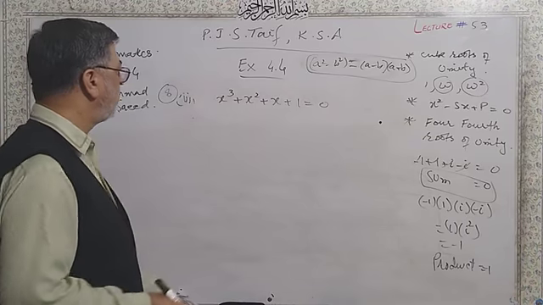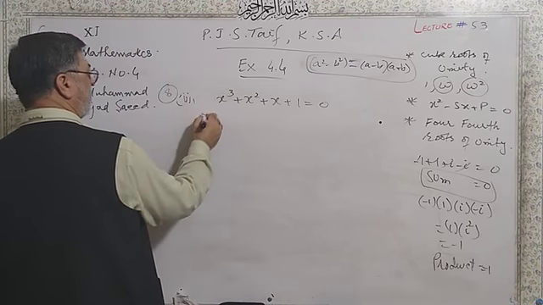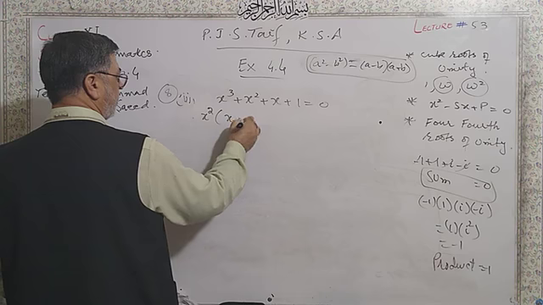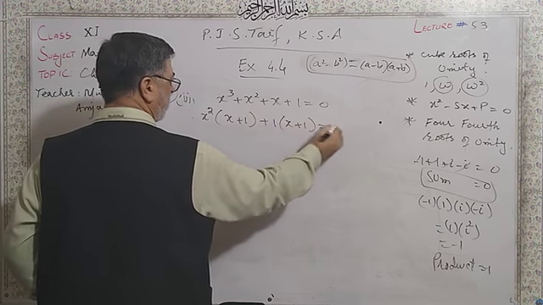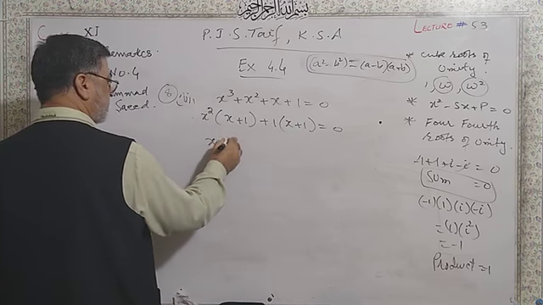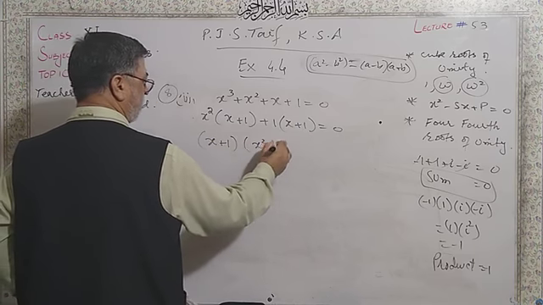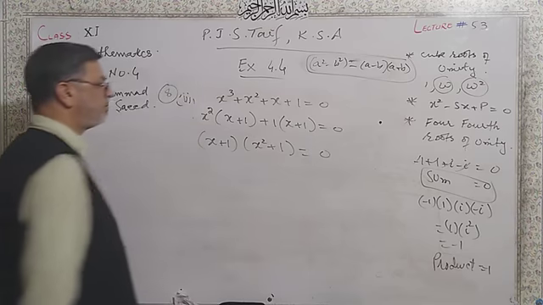Dear students, you can take x square common from first two terms, that is (x plus 1). Here is 1 common, x plus 1 is equal to 0. So (x plus 1) into (x square plus 1) is equal to 0.